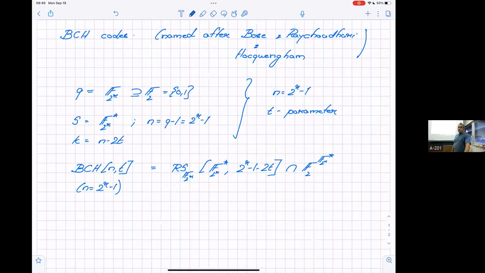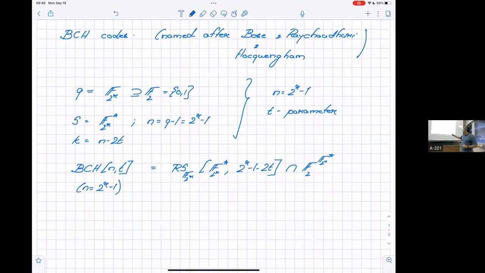When you are making t smaller, you are removing two cells at once. What do you mean, two cells? Like 2t. So 2 to the power r minus 1 minus 2t is the code length, right? No, that's not the code length. The code length is 2 to the power r. One second, let's write down what it is.